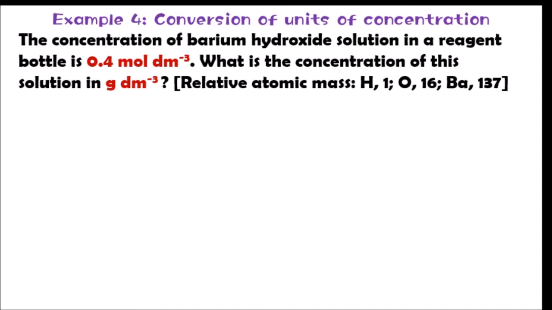Next, example 4. Conversion of units of concentration. The concentration of barium hydroxide solution in a reagent bottle is 0.4 mole per dm cube. What is the concentration of this solution in gram per dm cube, given that the relative atomic mass of hydrogen is 1, oxygen is 16, and barium is 137.